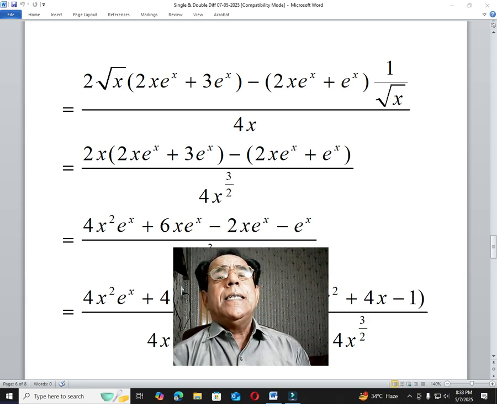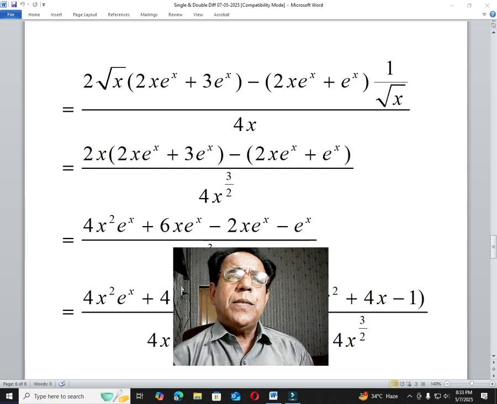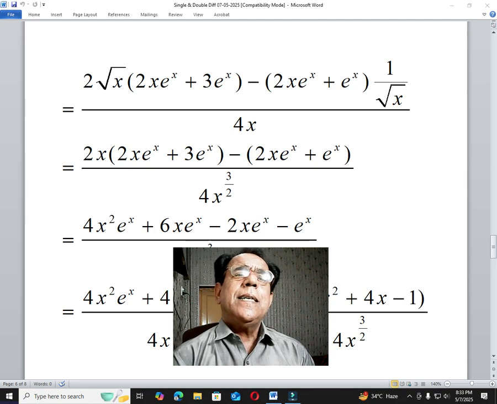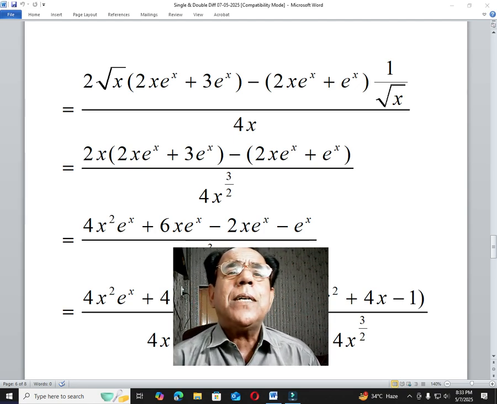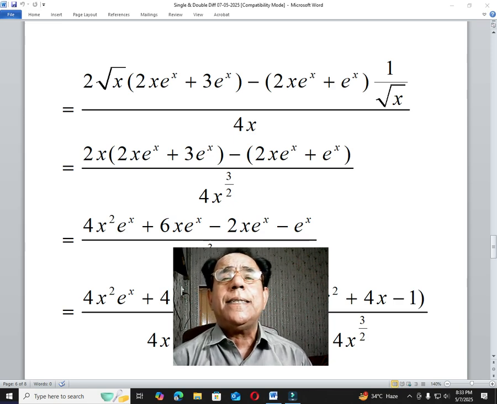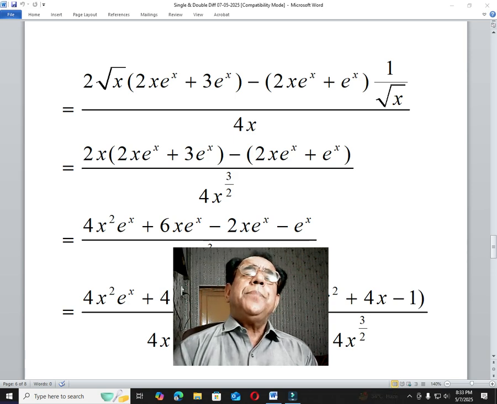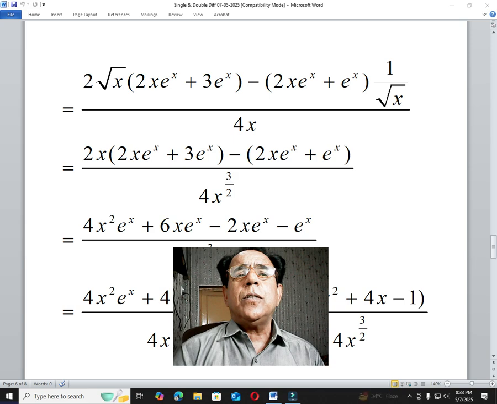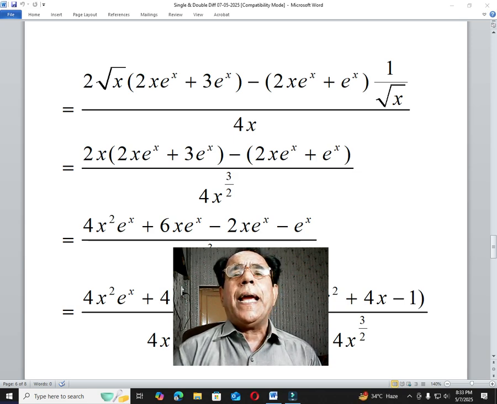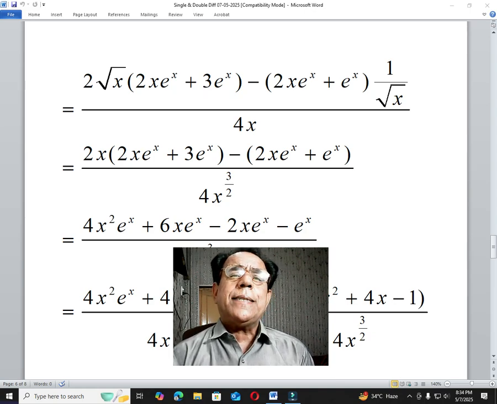Okay, this first part, which is within parentheses together with 2 into x under root, this factor will be multiplied with x under root, and then we can write it as a whole upper portion over x under root multiplied by, denominator can be written as 4x divided by 1.